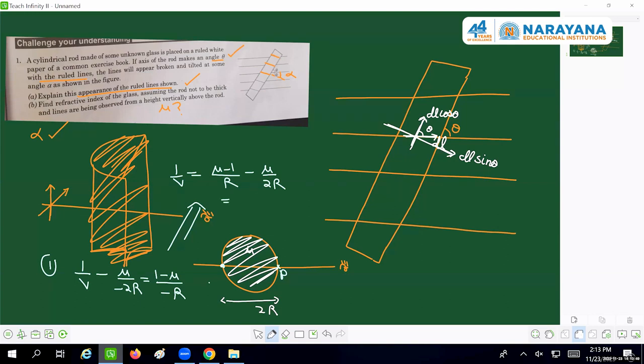That becomes 2 mu minus 2 minus mu upon twice of r, which is 1 upon v. So that is mu minus 2 upon twice of r. That basically means you know the value of v now, which is twice of r upon mu minus 2.